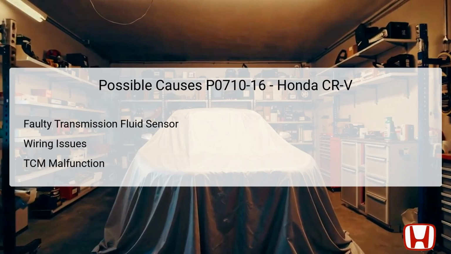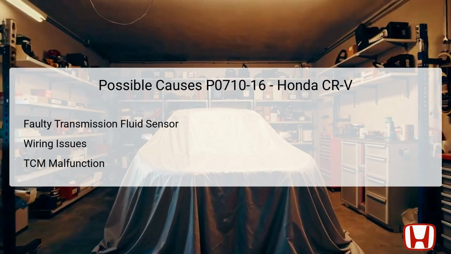There are several potential causes for the DTC P0710-16 that technicians need to explore. First, a faulty transmission fluid temperature sensor could yield incorrect voltage readings. As a crucial component that informs the TCM of fluid temperature, any failure can lead to erroneous function. Secondly, possible wiring issues such as shorts or breaks in the solenoid harness can affect the sensor's output.